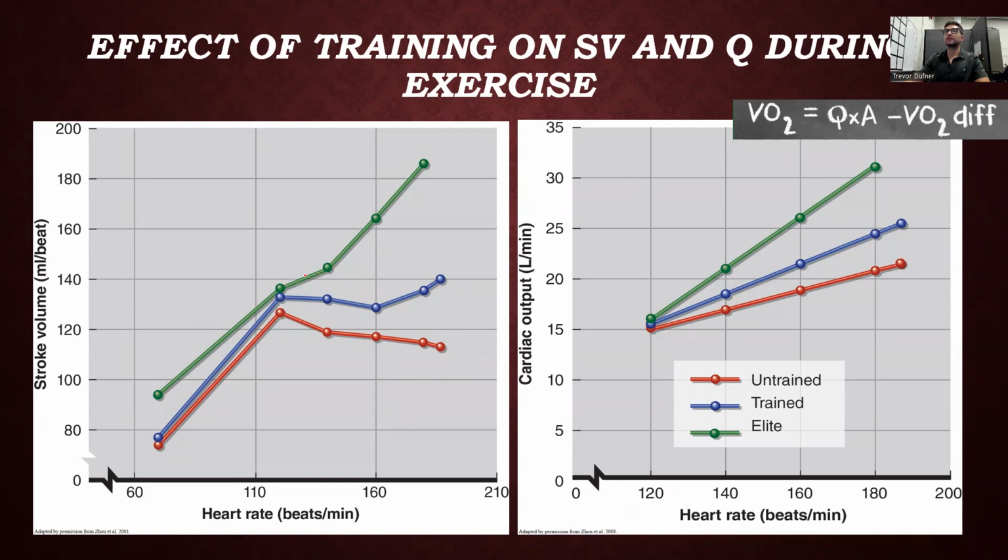So their stroke volume continues to increase versus trained or untrained people, as well as their cardiac output. As you would imagine, those who exercise more can pump more blood around their body because the mechanisms that allow this are more efficiently created and fine-tuned, okay?